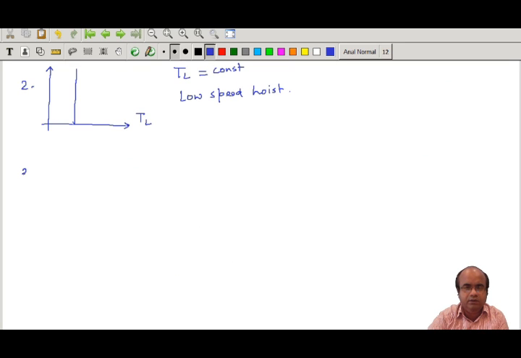Next, for a high speed hoist, the friction due to viscous and air will be considered.